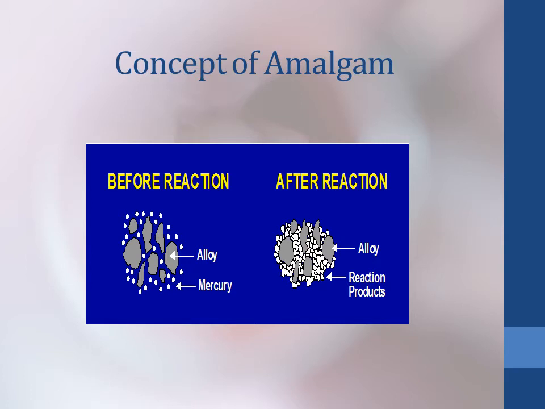Before reaction we have an alloy and mercury which are dispersed with each other, and after the reaction takes place, that is mercury when it reacts with the silver alloy, it forms a matrix that contains the metal alloy, which is held within the reaction products. So basically, this is what amalgamation is.